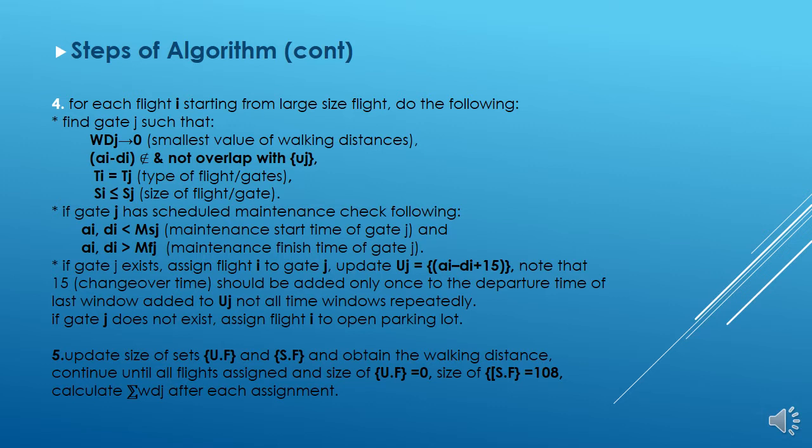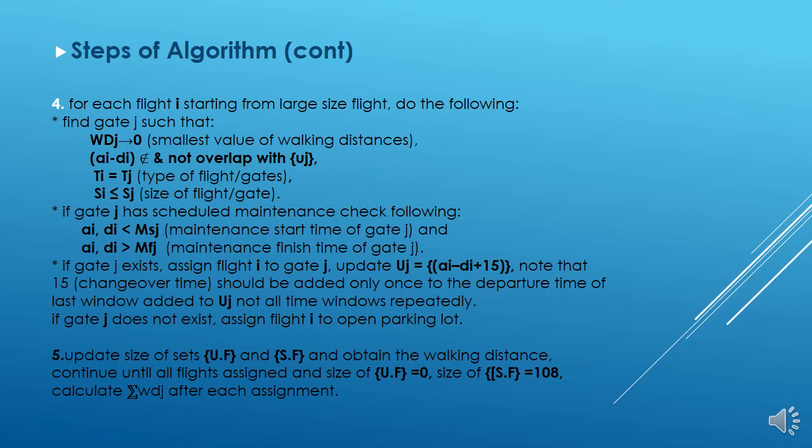If such a gate exists, we assign flight i to this gate, and we update Uj, where we add 15 minutes, which is the changeover time of the gate, used for cleaning and preparing the gate for the next flight.